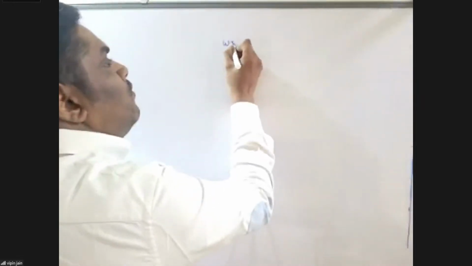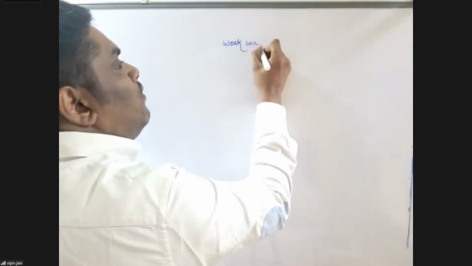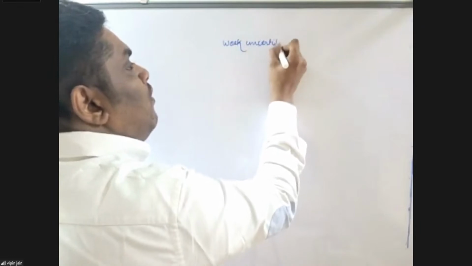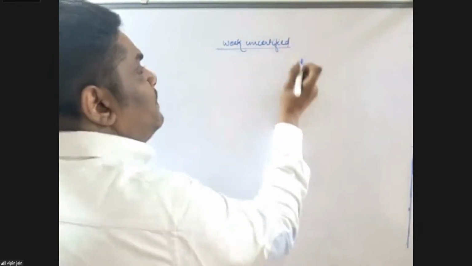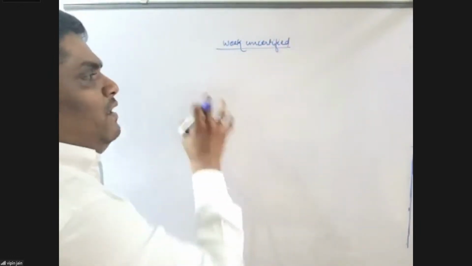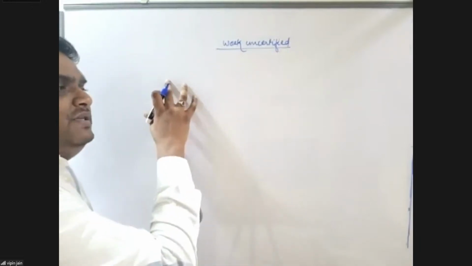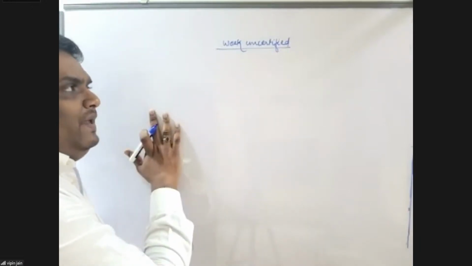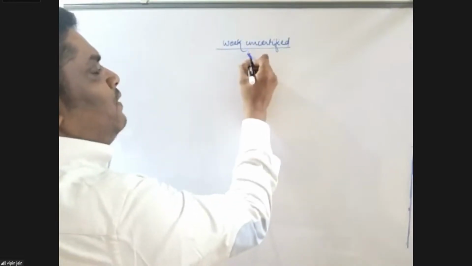When talking about work uncertified, in the example, the work that is completed between 1st to 31st December is work uncertified.